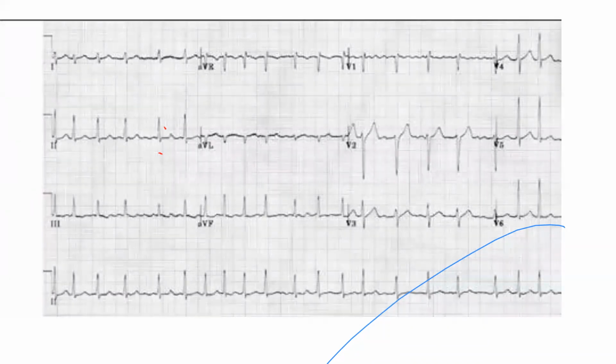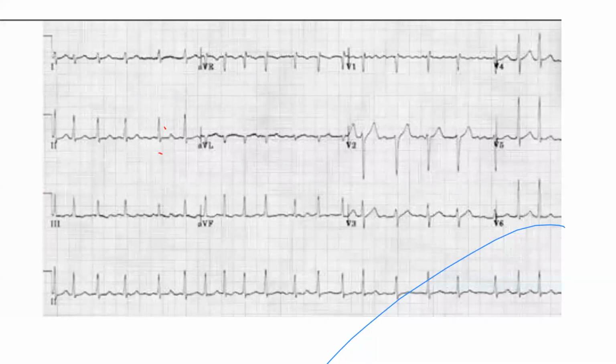Comment on this ECG. Irregularity, an irregular rhythm with loss of the P wave.